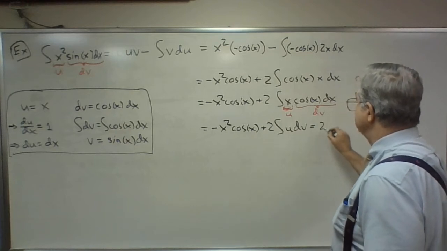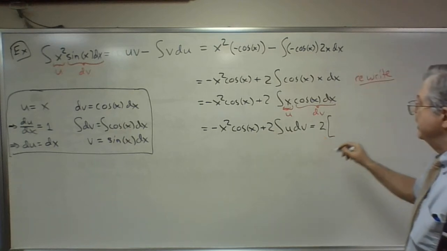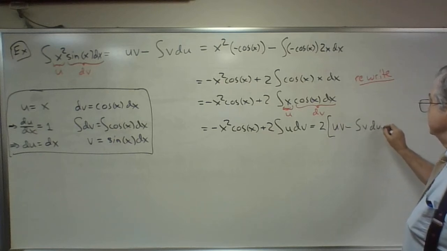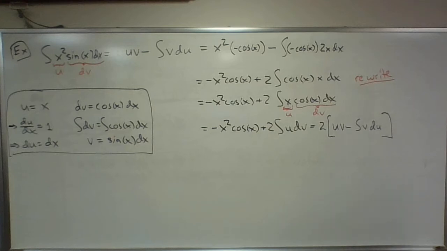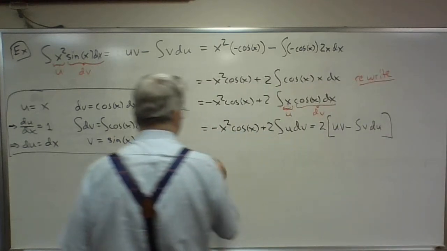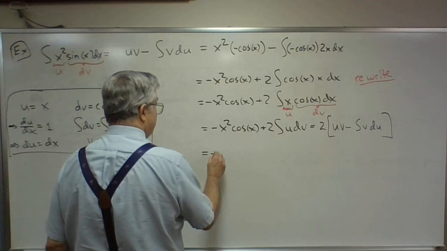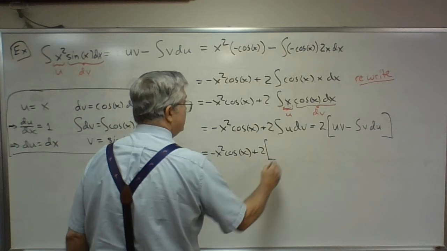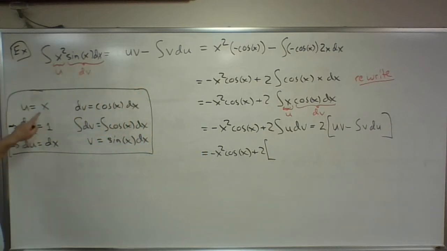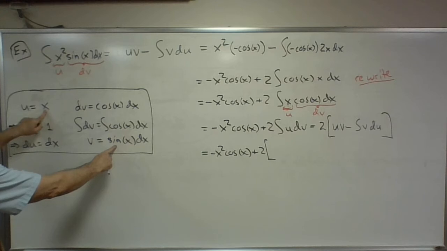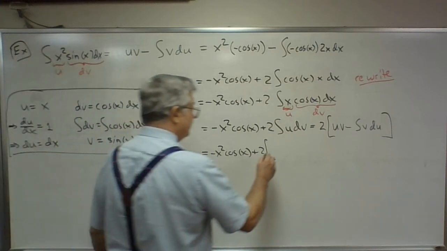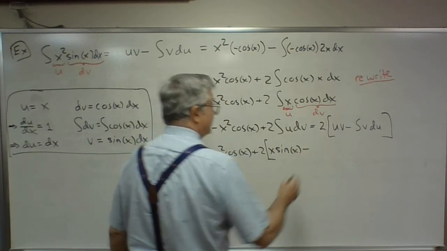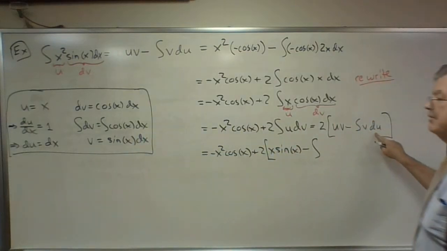Don't forget this 2, which is 2 times uv minus the integral of v du. And that's going to be negative x squared cosine of x plus 2 times uv, x sine of x, okay? Minus the integral of v times du.